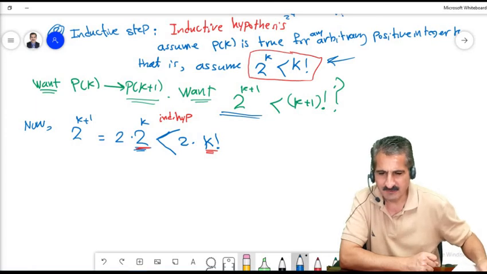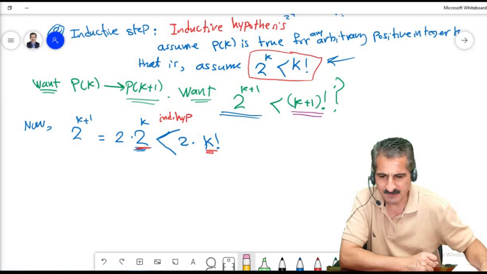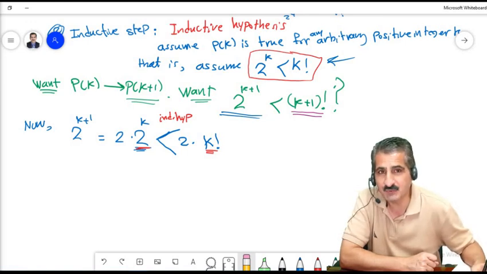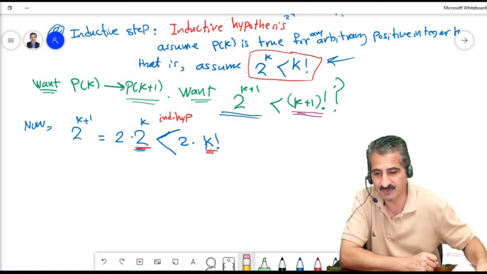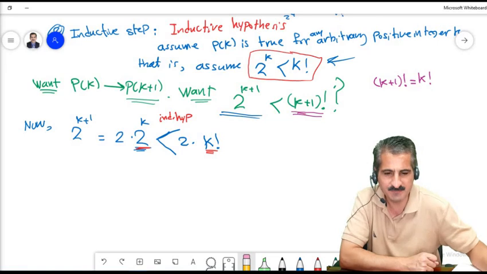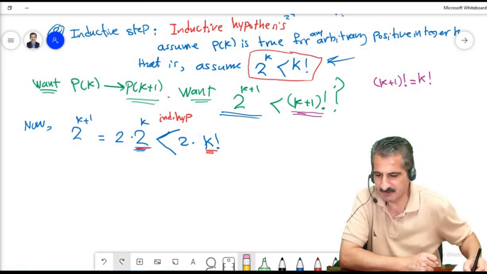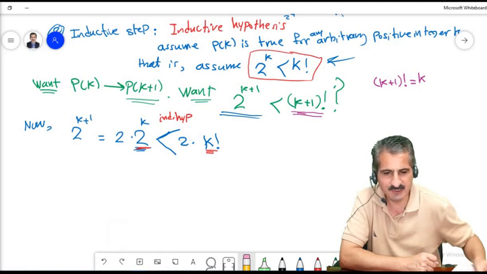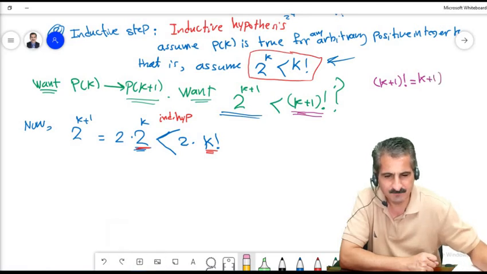Okay, what do we want to reach? We want to reach this thing here, but we have k factorial times 2. How is k plus 1 factorial related to k factorial? Let me write it here. We know that k plus 1 factorial is, let me write them in order, k plus 1 times k factorial, right?